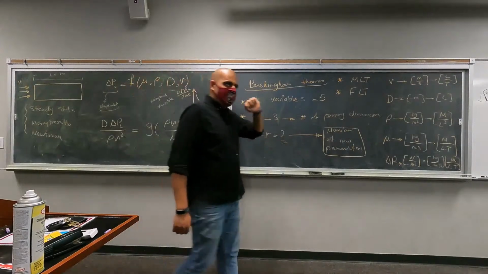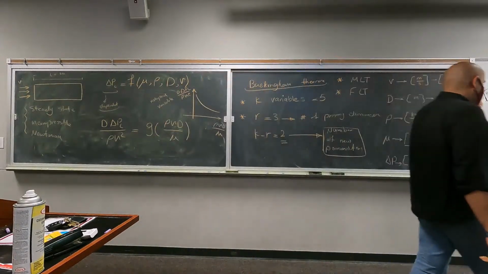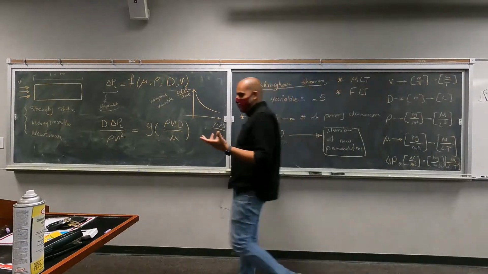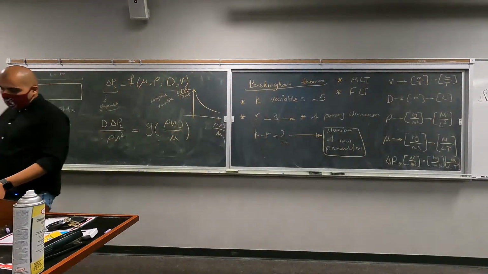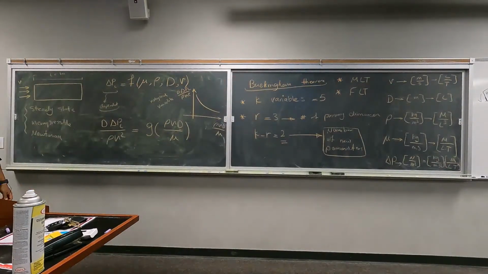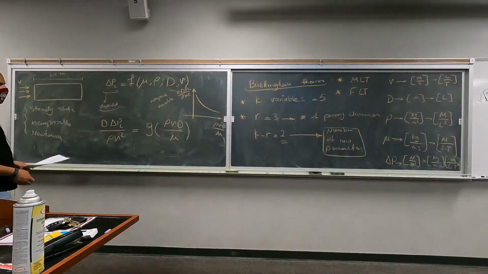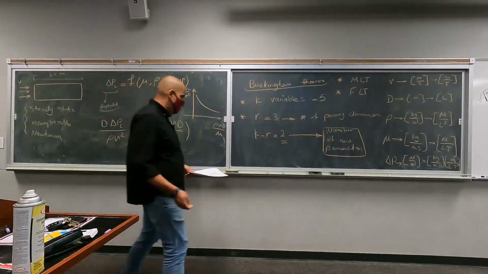Okay. So what's the next step? How should we find those new parameters? That's the main thing you want to answer, right? Because at the end of the day, knowing that we can reduce the number of variables to 2 doesn't really help us. We want to find which 2 are going to be the parameters of interest, if you will.